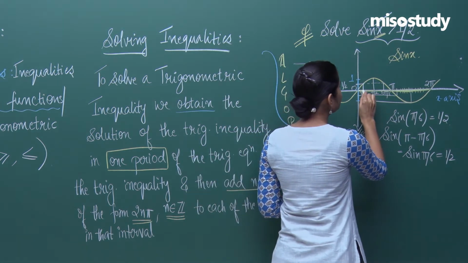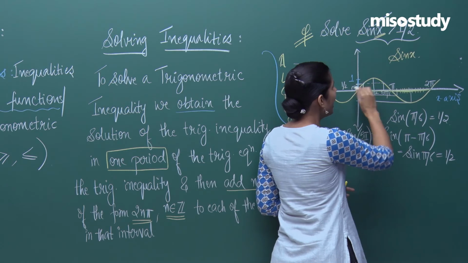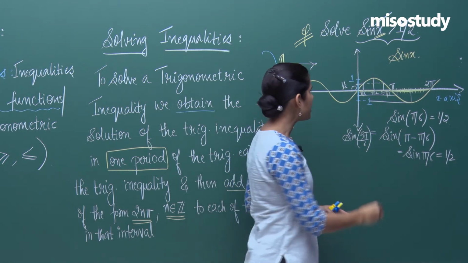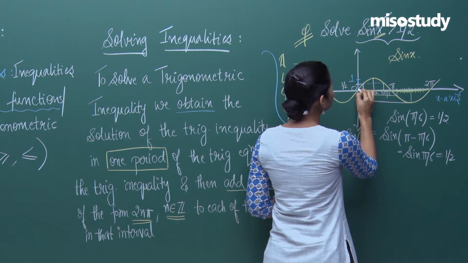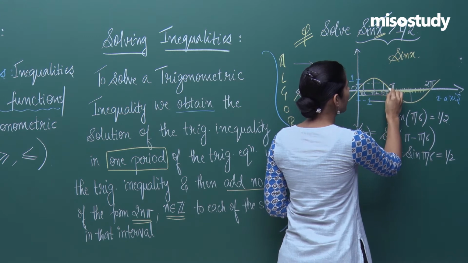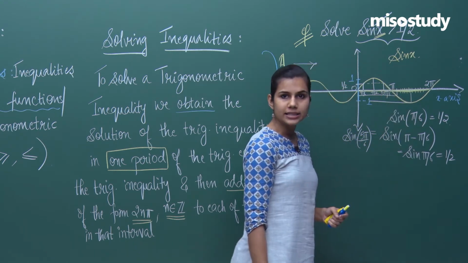If at pi by 6 the sine ratio is half, and after that at 5 pi by 6 the sine ratio is half, observe carefully: from 0 to pi by 6 the sine ratio is less than half, and from 5 pi by 6 to pi again the sine ratio is less than half.